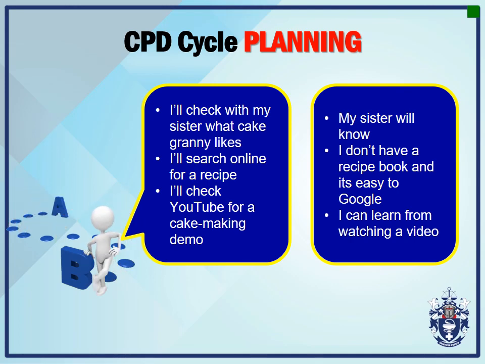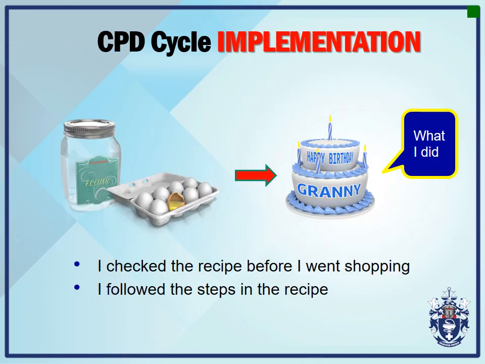Because you don't have a recipe book and because Google is accessible and you're able to achieve this very easily using YouTube, for example. Why would you use YouTube for making the cake? You can learn by watching a video online. And that's your planning process. So it's very detailed. It provides exact steps that you are taking and why you're taking those steps.